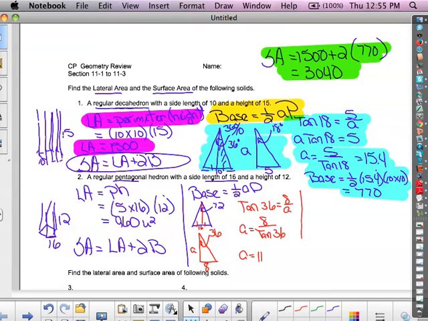So now, the area of the base is going to be 1/2 the apothem times the perimeter, which is 5 times 16, or 80. That gives me the area of the base of 440.